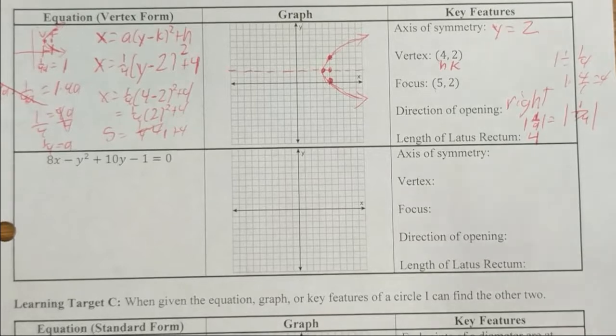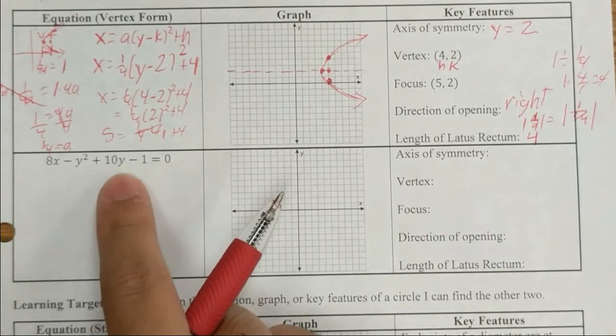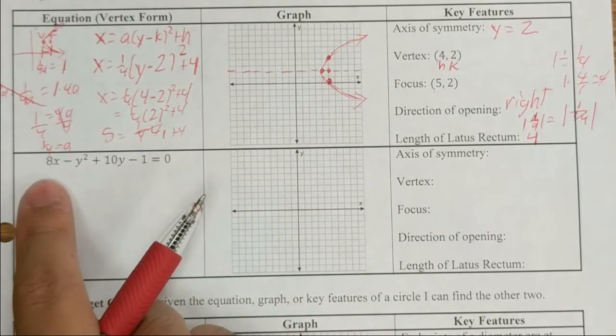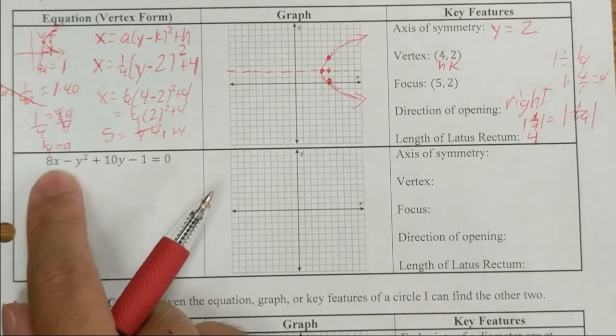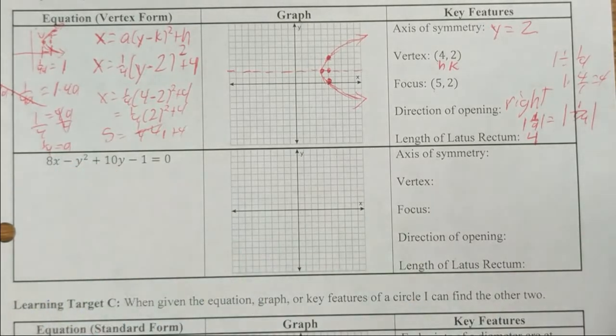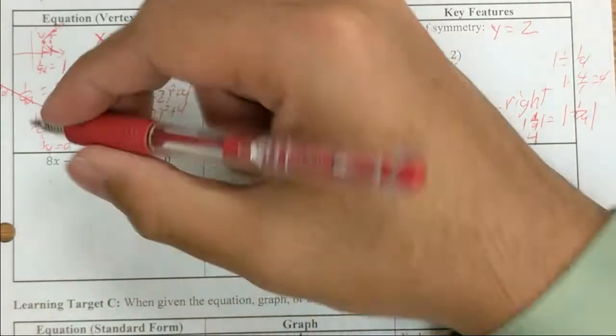Okay, so next one, here we're going to have to complete the square. There's only a single x term and there's a y squared. So why don't I move the y term to the other side?